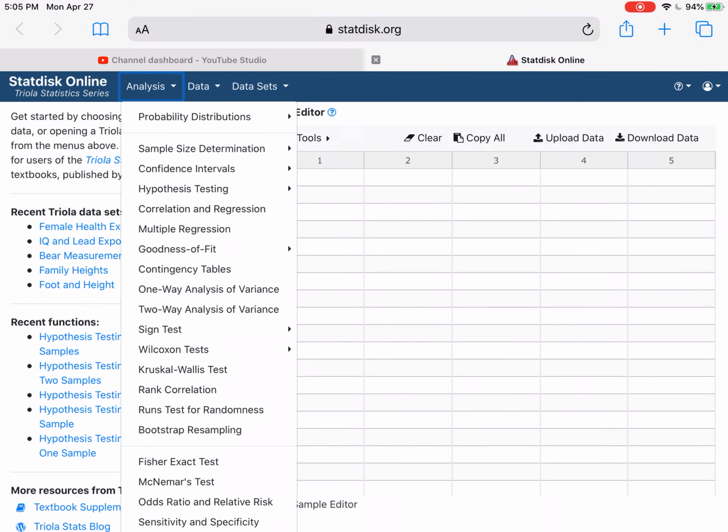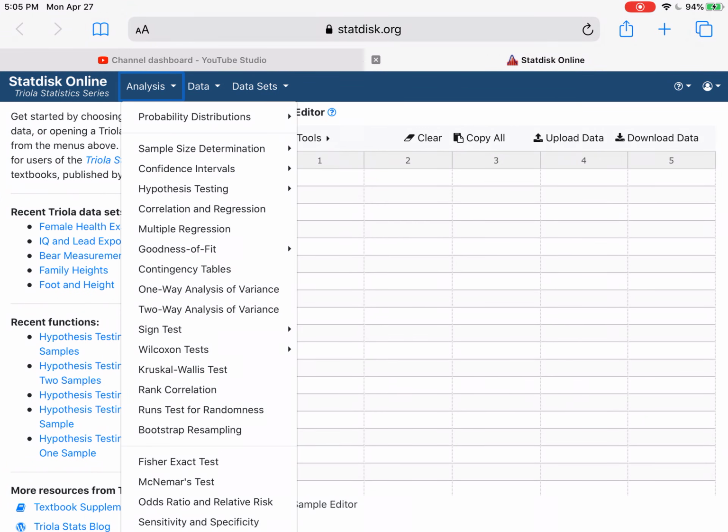Both of our samples had 12 items, but there's nothing that suggested a natural pairing of one item in the first sample with one specific item in the second. So we are dealing with independent samples here, even though they have the same sample sizes. We will input the alternative hypothesis, which is that those two values are not equal. Our significance level is 0.05.